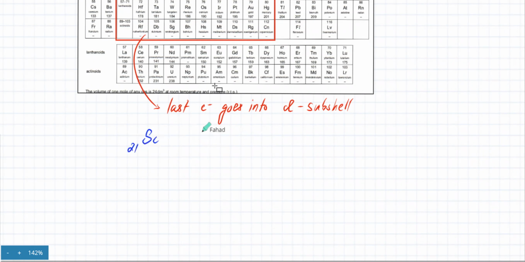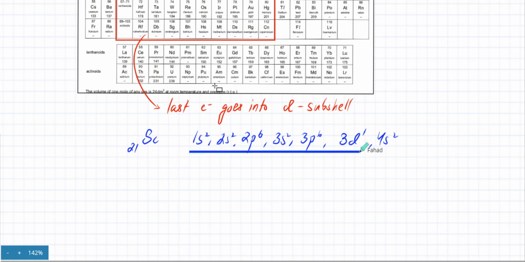21 electrons, so it's going to be 1s2 and 2s2, and then you have 2p6, 3s2, then 3p6, and then 4s gets filled first, and then the 3d would have one electron. Now all transition metals are going to have exactly the same electronic configuration up till this point.